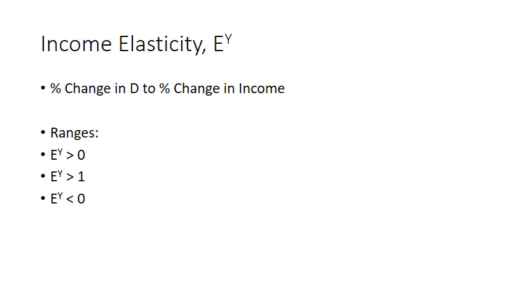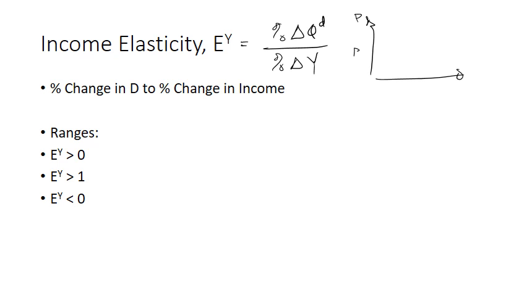All right, let's take a look at another elasticity, income elasticity. Income elasticity is simply asking about the percentage change in quantity demanded with respect to a change in income. Now, what's really going on here is for a given price, we're asking what happens to quantity when income changes.